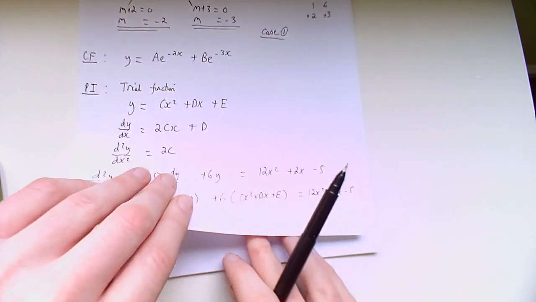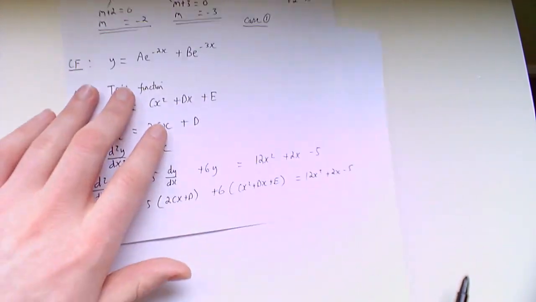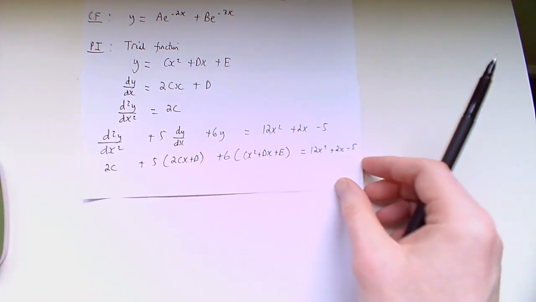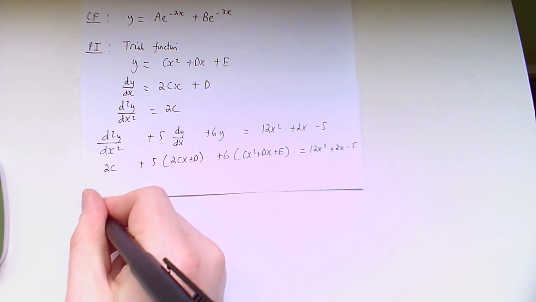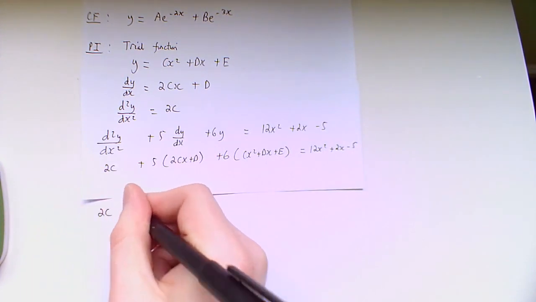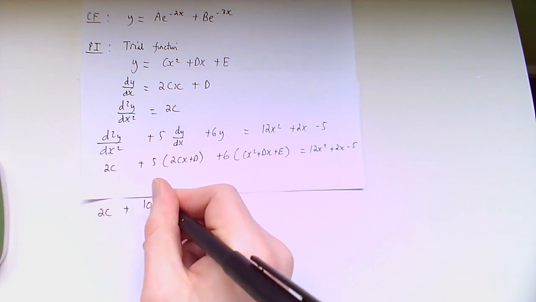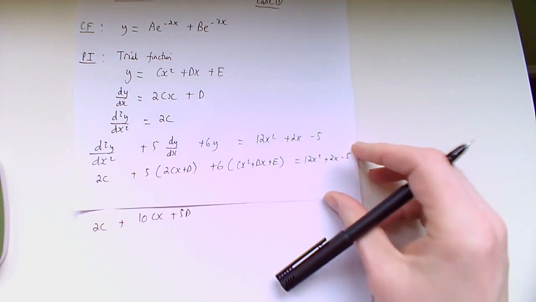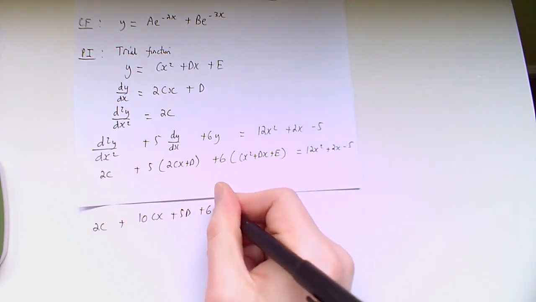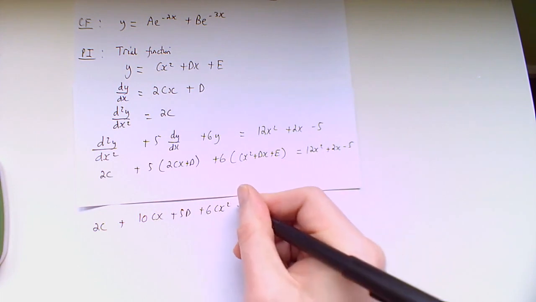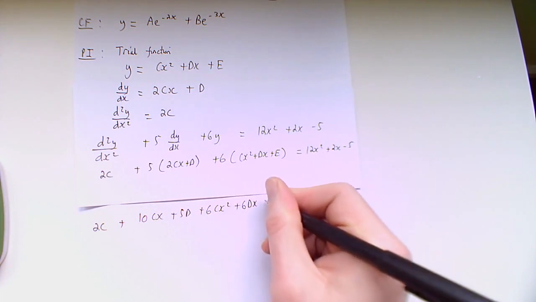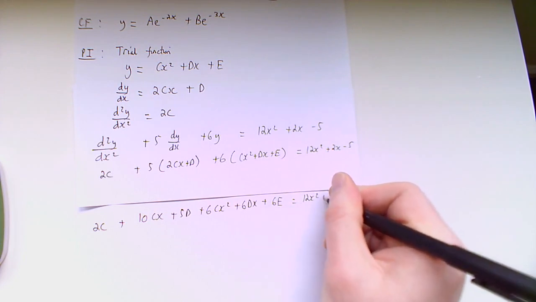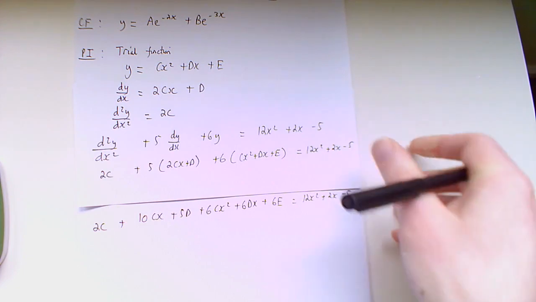Okay, so next step, what we're going to do is multiply out that bracket and equate coefficients. So 2c plus 10cx plus 5d plus 6cx squared plus 6dx plus 6e equals 12x squared plus 2x, take away 5.